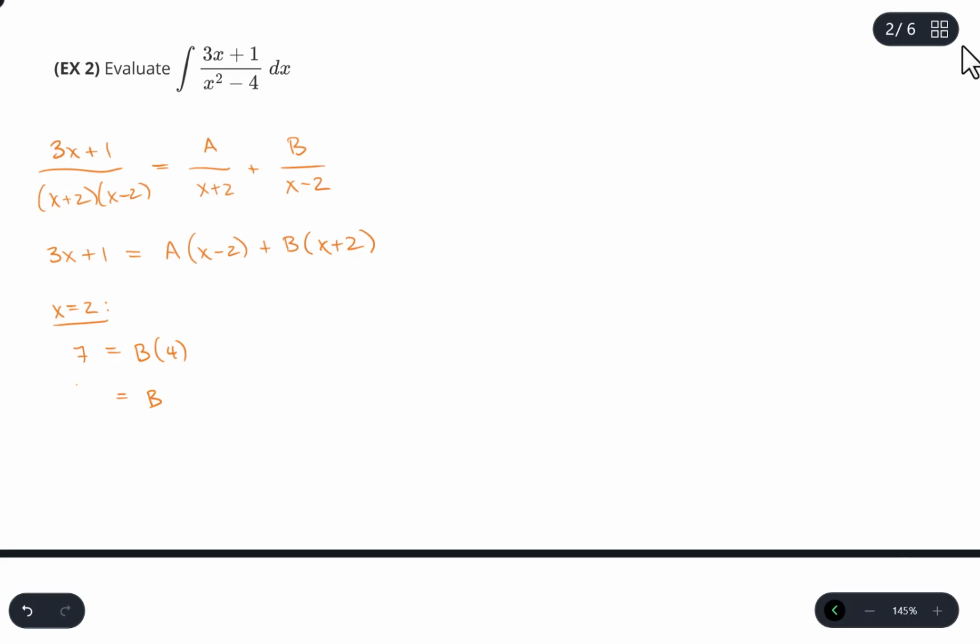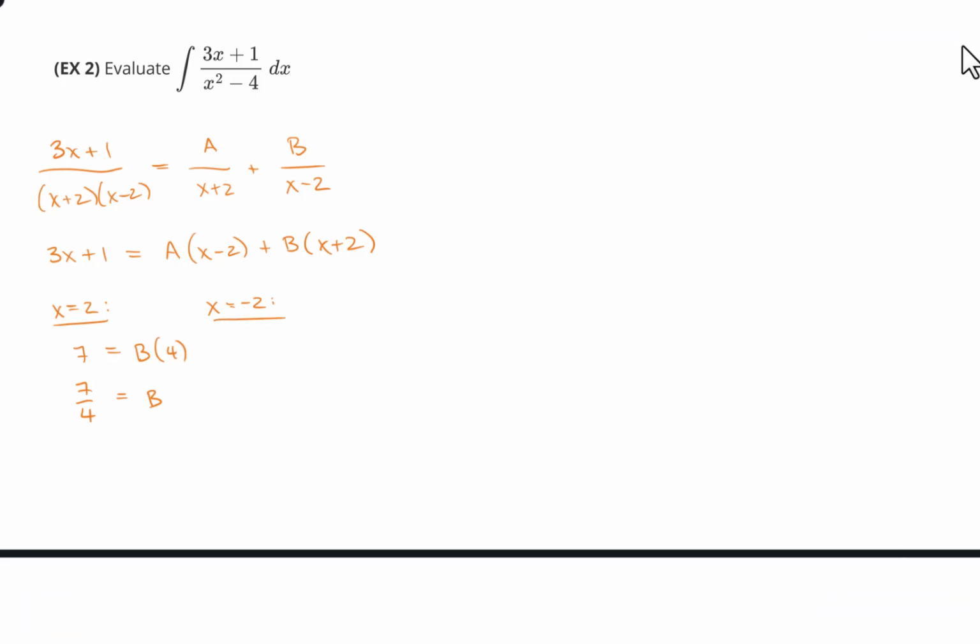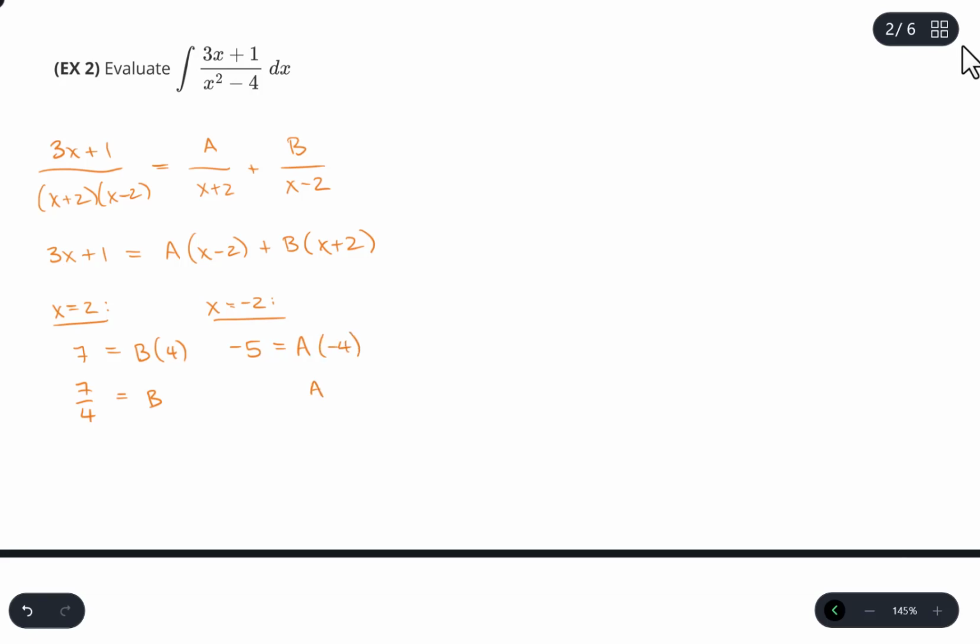So b equals 7/4. And the other strategic value I could pick, of course, is negative 2. 3 times negative 2 is negative 6 plus 1, so that's going to be negative 5, equals a times negative 2 minus 2, which would be negative 4. So that a is equal to 5/4.